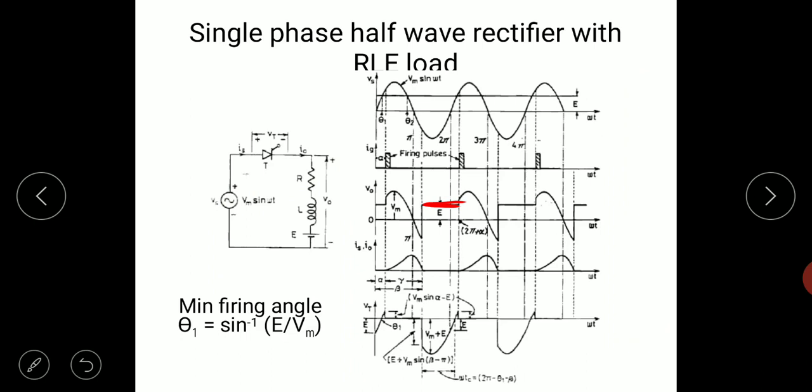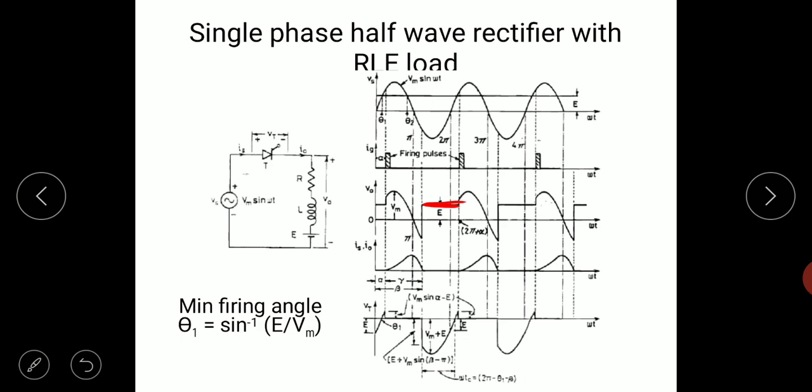You can see, during angle alpha to beta, V0 and Vs are the same. That means in this period Vt will be equal to 0. And at all other instants where V0 is equal to E, Vt will be equal to Vs minus E. Vt will have the shape of the Vs waveform, but shifted by E in downward direction.